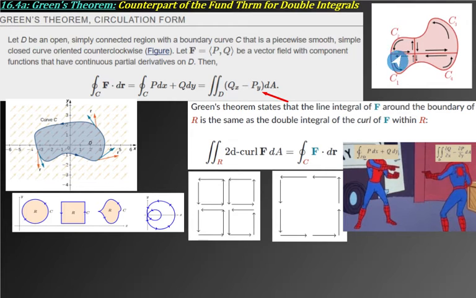Then if you do the line integral around the little regions, when I do the line integral in this upper left and this upper right, these two line integrals cancel each other out.